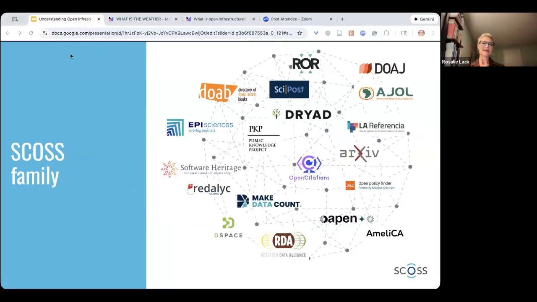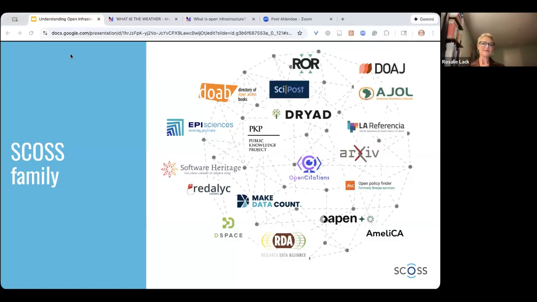The SCOSS family is 19 infrastructures that have been chosen, vetted, and selected because they are essential and because they have strong governance and strong strategic plans. They have community input, all these POSI qualities that we talked about. Their data is open, and they're free to use at the point of use. We'll talk more about that.